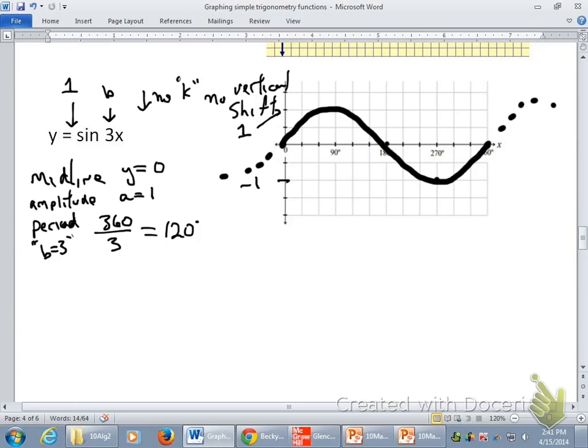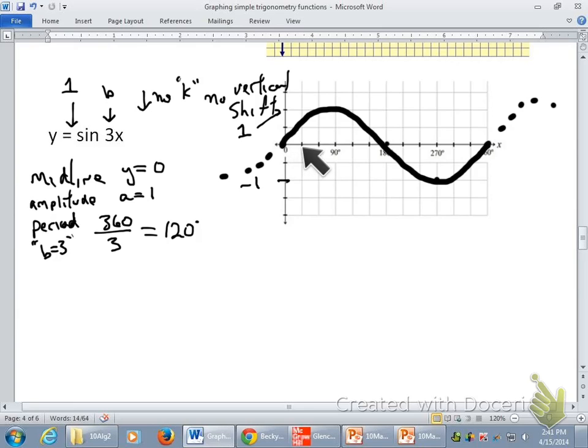Now, my new curve has the same midline, doesn't it? It has the same amplitude. But the whole thing has to start and stop in 120 degrees. It might be a little hard for you to read this, but I'm counting by 30s.